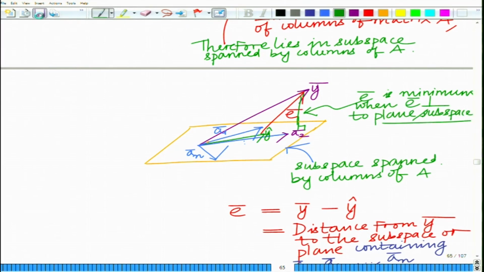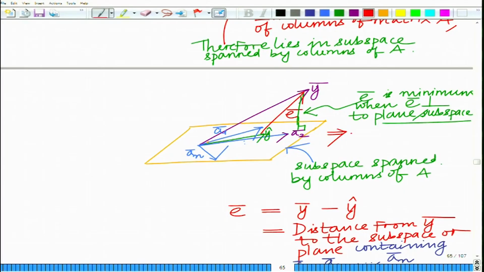This is the important idea. So, this error vector is minimum when it is perpendicular to this subspace that is spanned by a1 bar, a2 bar up to an bar, or we can also say that this error vector is orthogonal to the subspace. This is a big idea. So, this e bar is orthogonal.